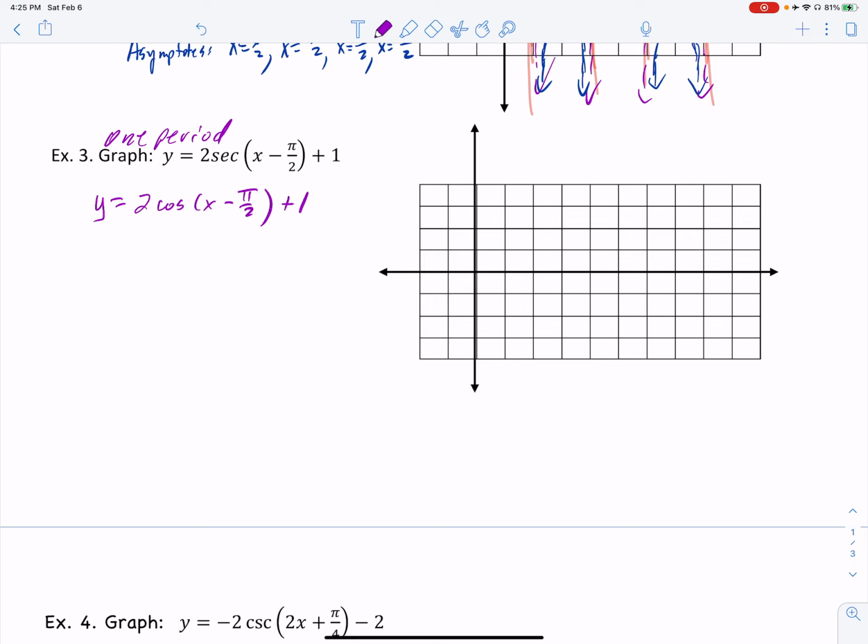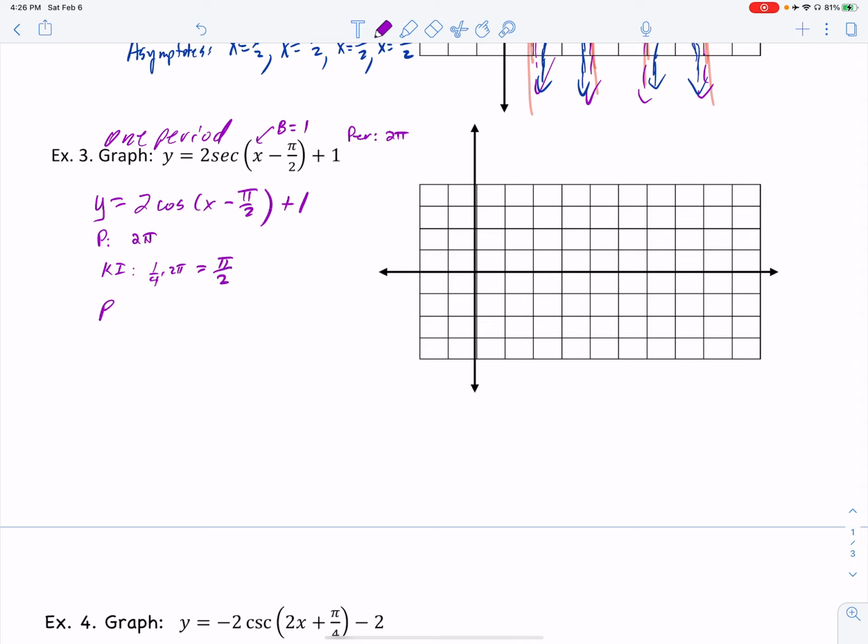So in this case, my b value is 1. So my period is still going to be 2 pi. There's no change in period. So my period is 2 pi. And my key increment, again, is 1/4 of that period, which is pi halves.